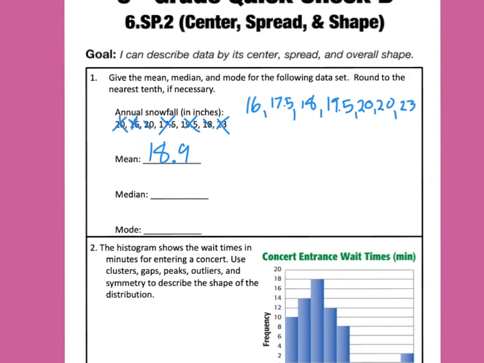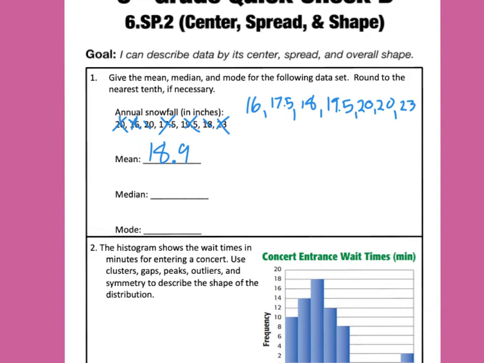Now, what if we had 2 numbers in the middle? Let's backtrack just a little bit here. Let's say that we had another number out here, whatever it may be. We could say maybe that's 24. Okay, so we crossed off those. So these 2 numbers are in the middle.